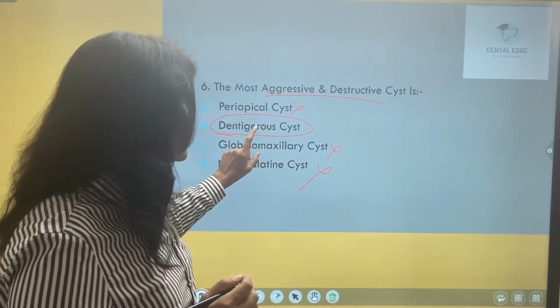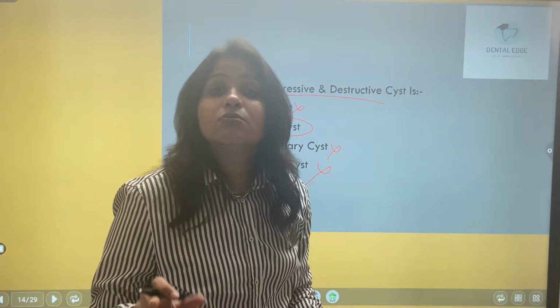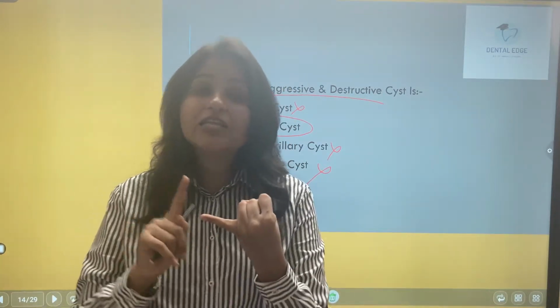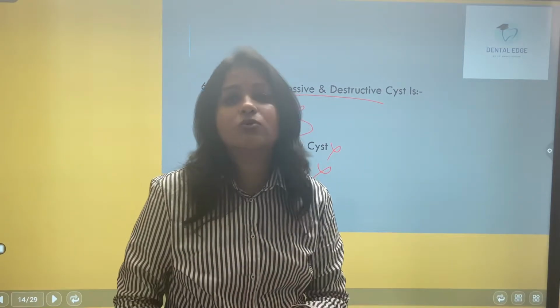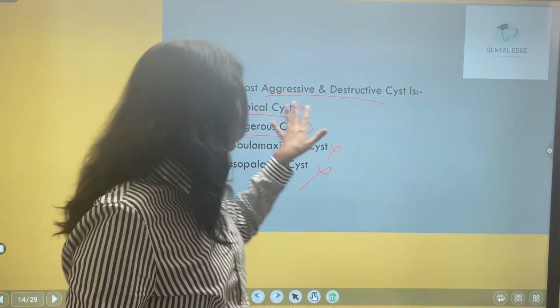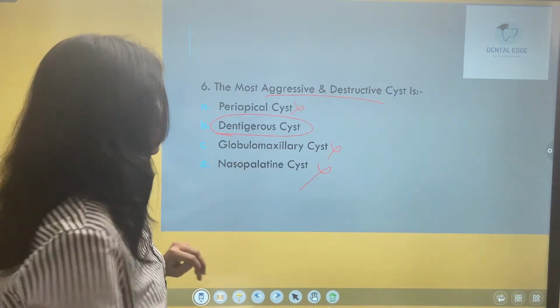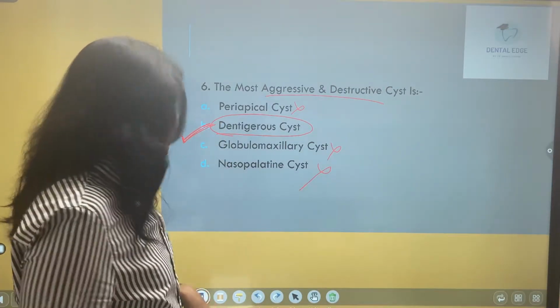So dentigerous cyst is aggressive and destructive sometimes, and I told you that it has 3 potential complications. We already read about it. It can lead to ameloblastoma, epidermoid carcinoma, and mucoepidermoid carcinoma. So among these, the most aggressive and destructive cyst is B, dentigerous cyst, right?